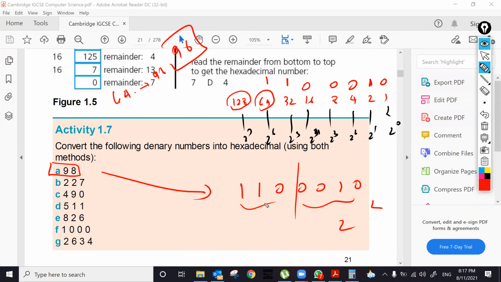What's the value here? 4, sorry, 2 4 6, right? Hexadecimal value, this would be 62. Got it? Am I right? Yes. Right.